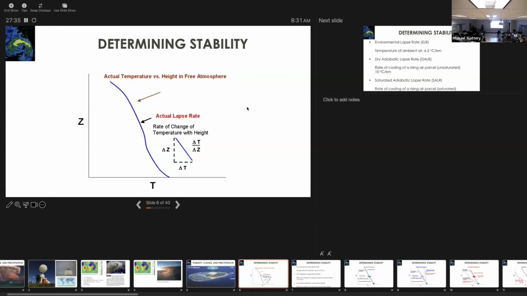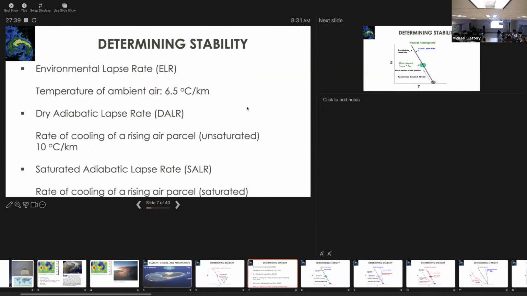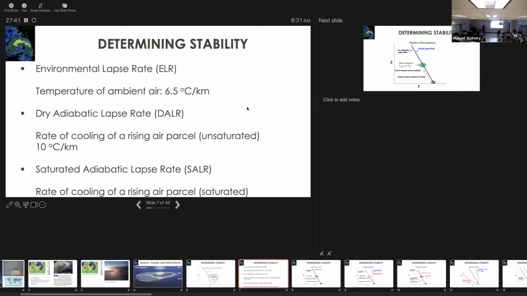Okay, cool. Now, here's a very dull and boring slide, but it captures this all. So let me explain this, and then we'll go back to looking at this vertically. Okay. So we have an environmental lapse rate, the ELR, and it's the temperature of the ambient air. What is the actual change in the temperature of the environment? And on average, it's about 6.5 degrees Celsius per kilometer.